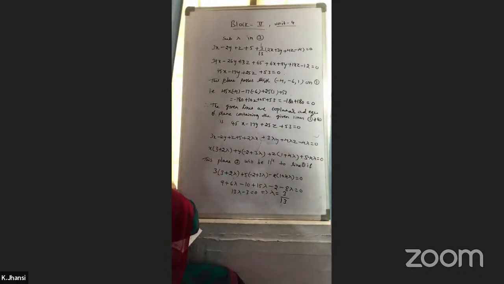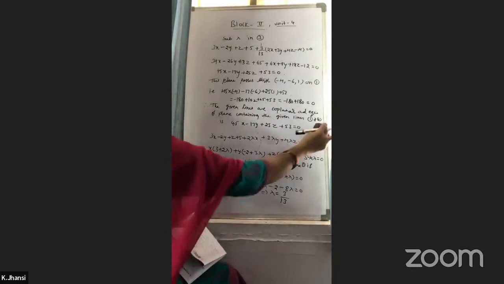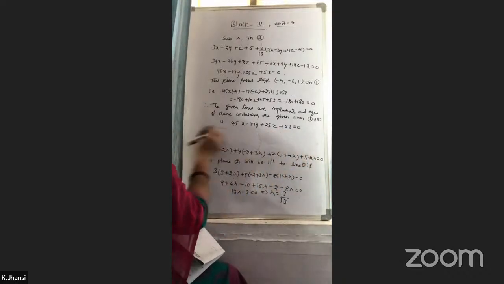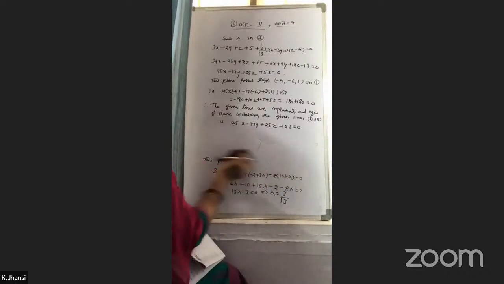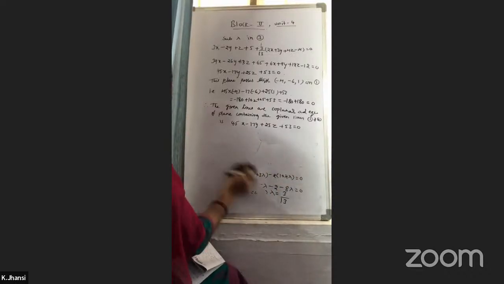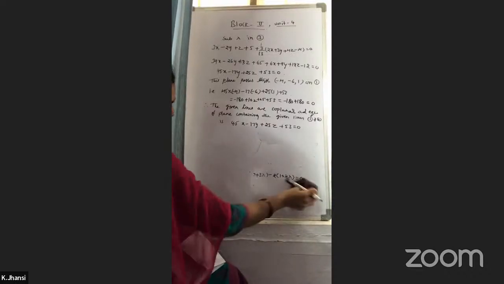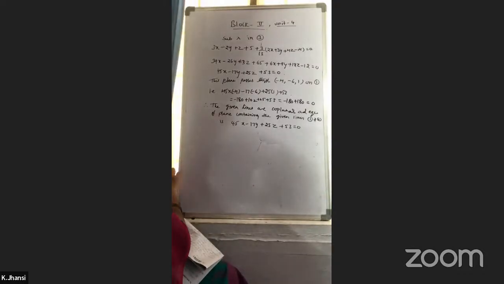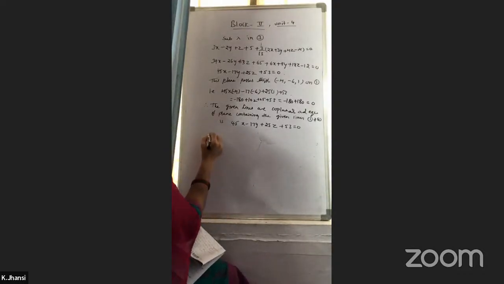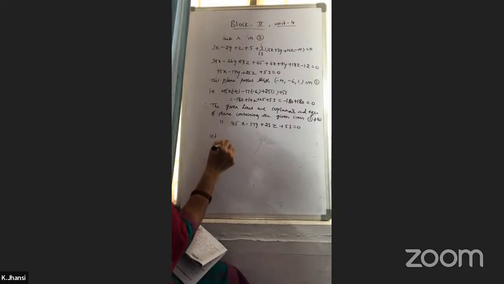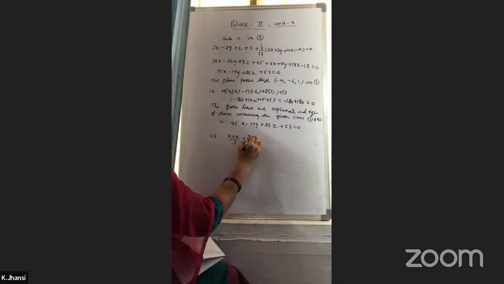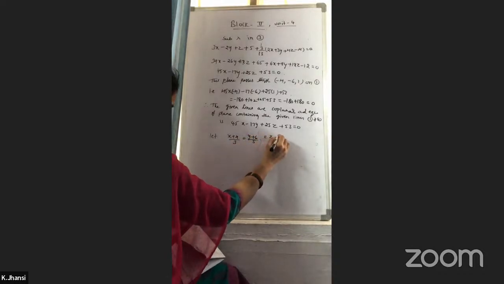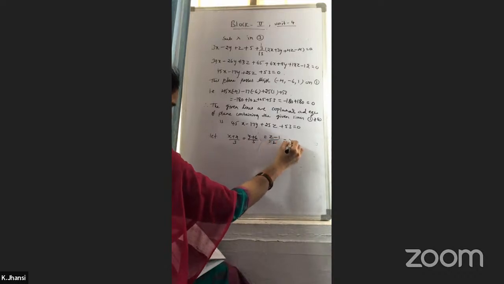Now we have to find the point of intersection. For finding the point of intersection, let the first line equation be x plus 4 by 3 equals y plus 6 by 5 equals z minus 1 by minus 2 equals r.